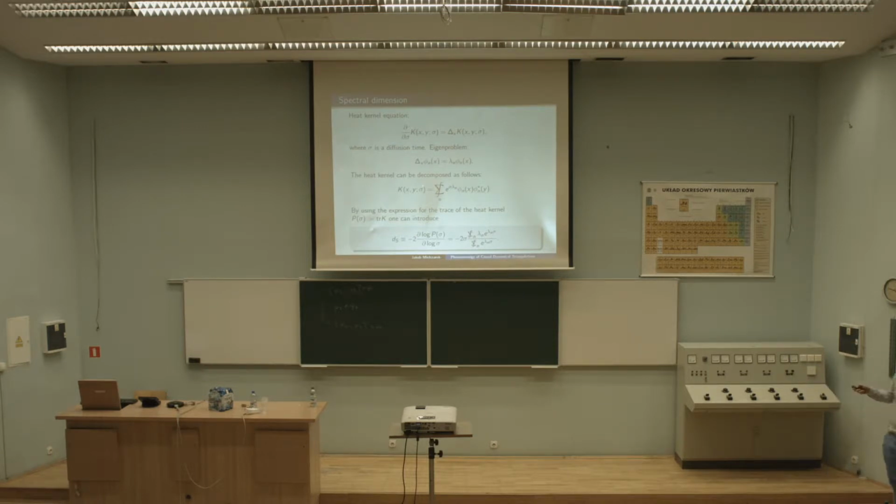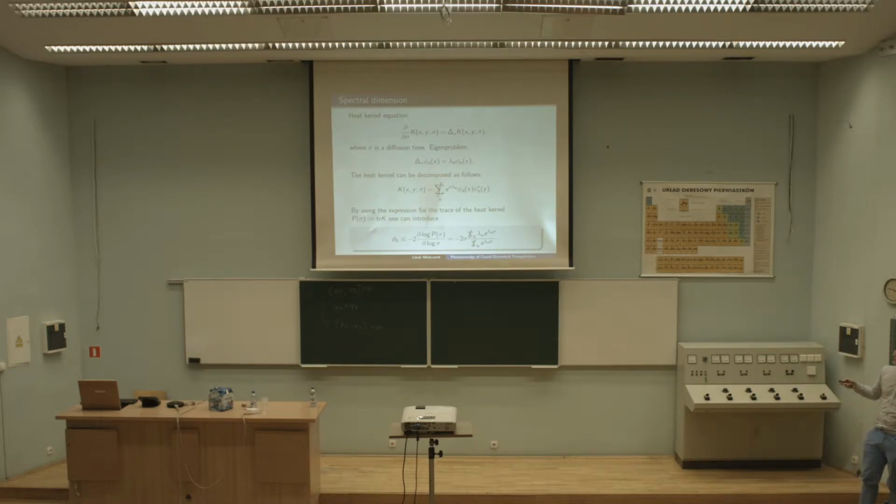Then you can study the average return probability, which is just the trace of the heat kernel, and which gives you the probability density of getting back to the initial point in your random walk process.